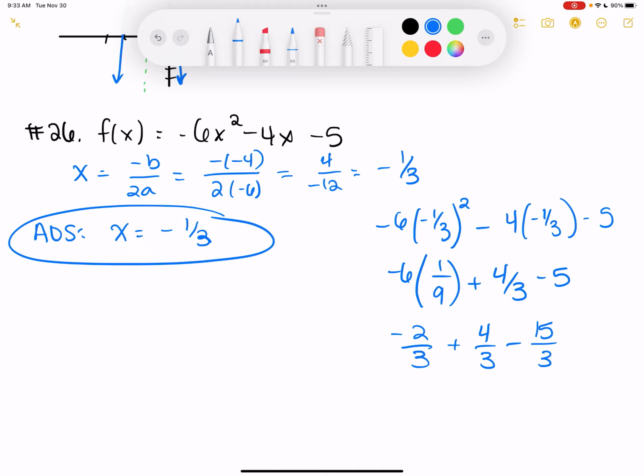And so then I get negative 13 over 3 is my y value, meaning my vertex is at negative 1/3, negative 13 over 3. If you want to think about it as a decimal, negative 0.3 repeating and negative 4.3 repeating.